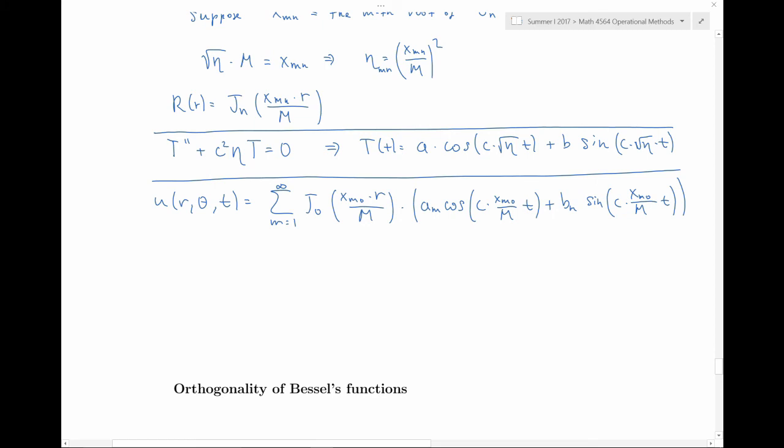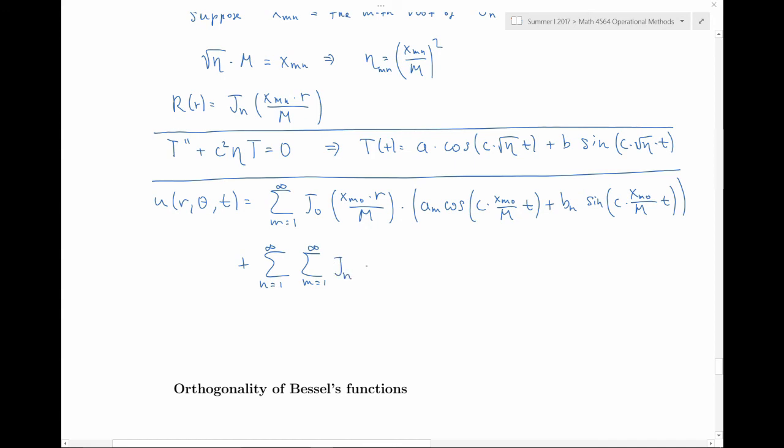So the next thing we had was when theta was a combination of sines and cosines. So we'll have this multiplied by sine and then this multiplied by cosine. So we're going to add another summation as n goes from 1 to infinity. We have a summation as m goes from 1 to infinity.